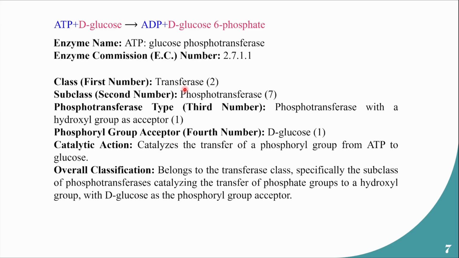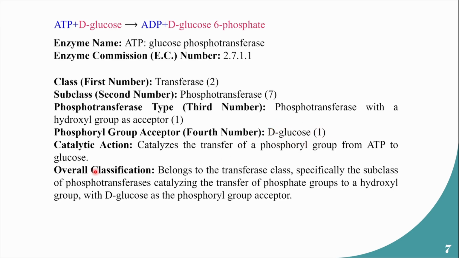Then the second number represents the subclass, which in this case is phosphotransferase. The third number is what type of phosphotransferase it is. It is a phosphotransferase with a hydroxyl group acceptor, so that is classified as 1. And for the fourth number, we have what acts as the phosphoryl group acceptor, in this particular case D-glucose, so that will be 1 again.